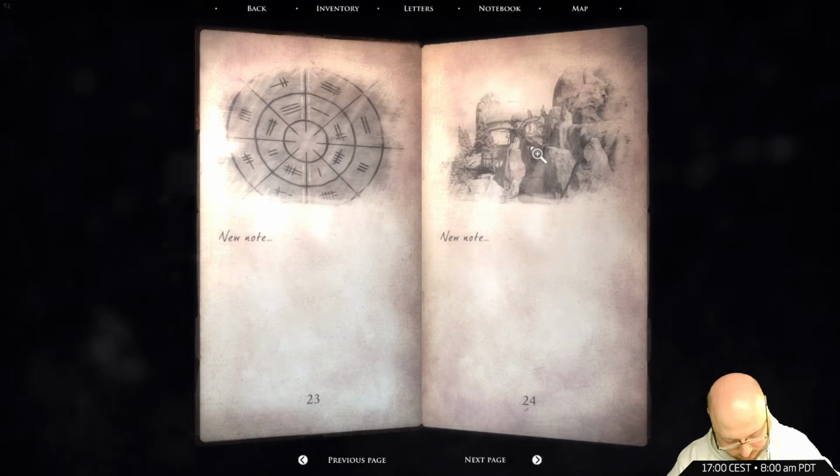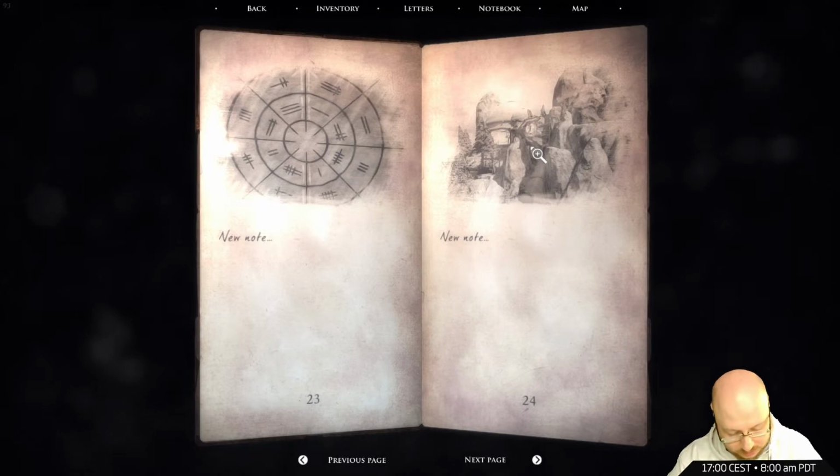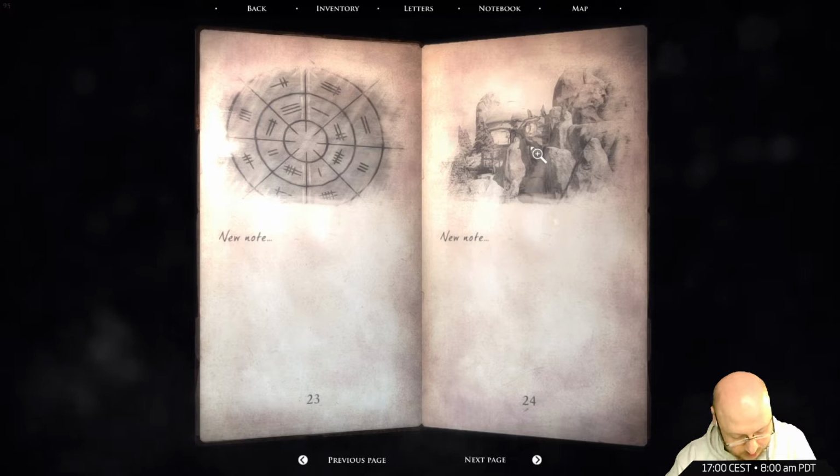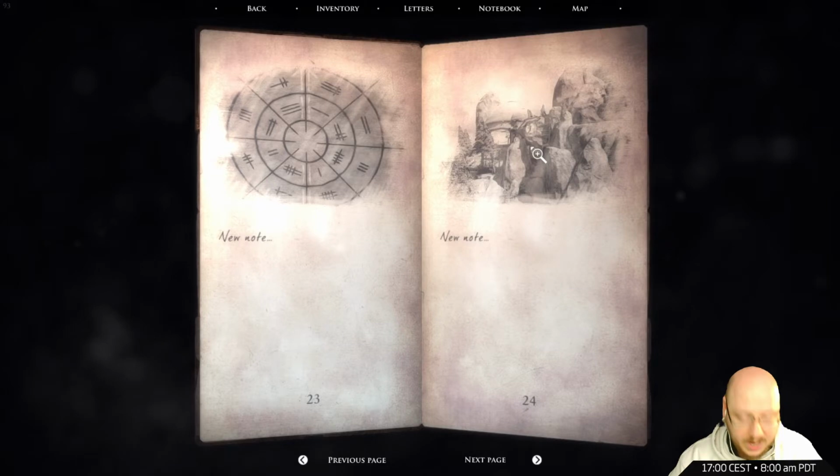So one circle, second circle, not quite a line, but hey, straight line down, straight line across, diagonal upper right to lower left, diagonal upper left to lower right.